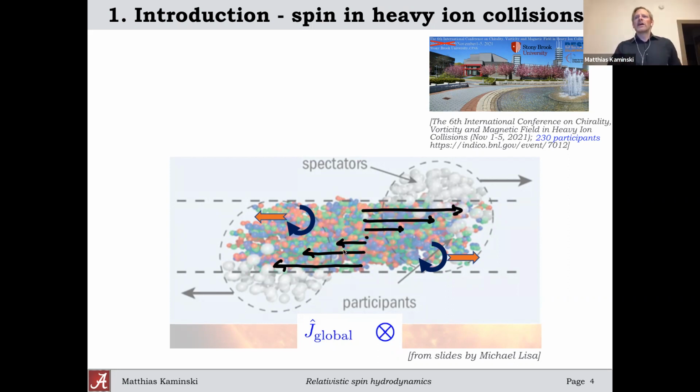We now find that there is some angular momentum transferred into the quark-gluon plasma. Not all of it is carried away by the remnants, the spectators. Quite a good amount of angular momentum remains here.